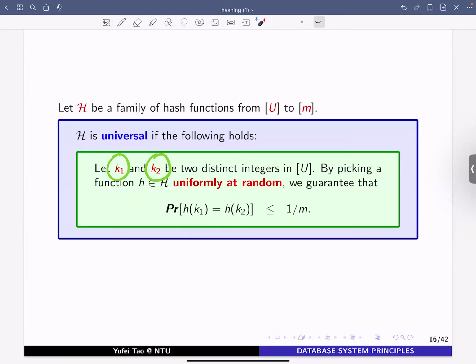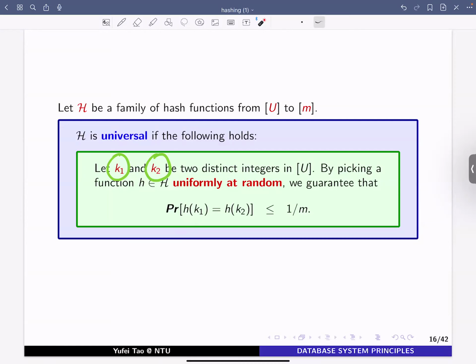If I choose a hash function which happens to make K1 and K2 have the same hash value, then collision happens. But if I happen to choose another hash function where this is not true, then this random event does not happen. So it happens sometimes, and it does not happen at other times.